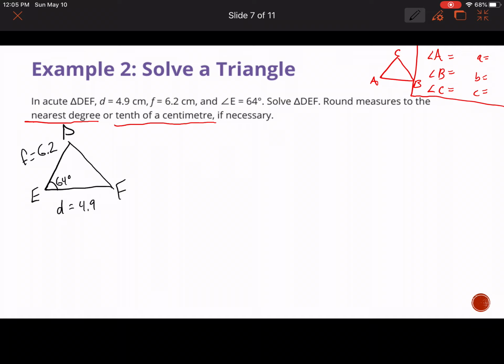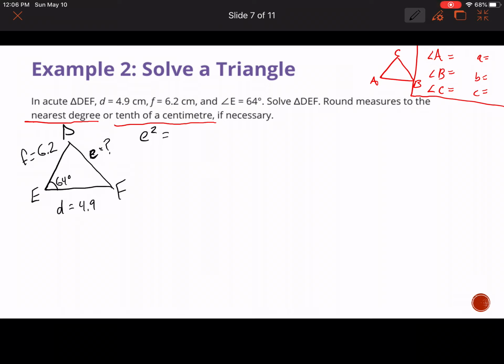So I need to find first what little e is. Once I have little e, then I can use sine law. And sine law is a lot easier, faster, and less able to create problems by putting things wrong into calculators. So I want to find the other length first so that I have a pairing to use sine law.